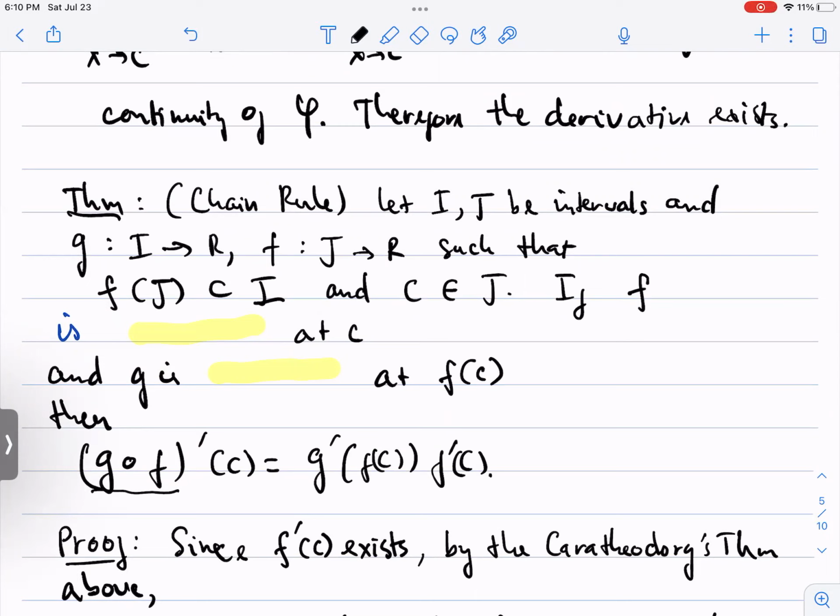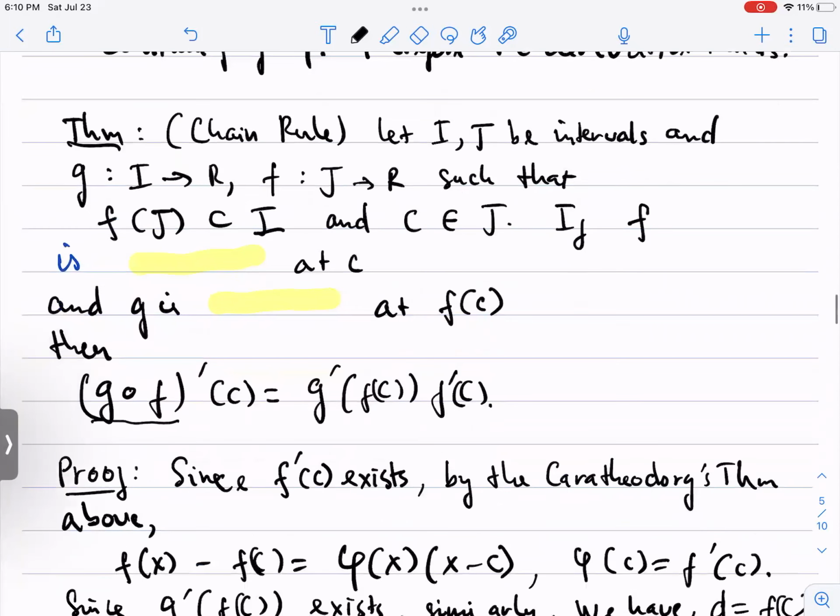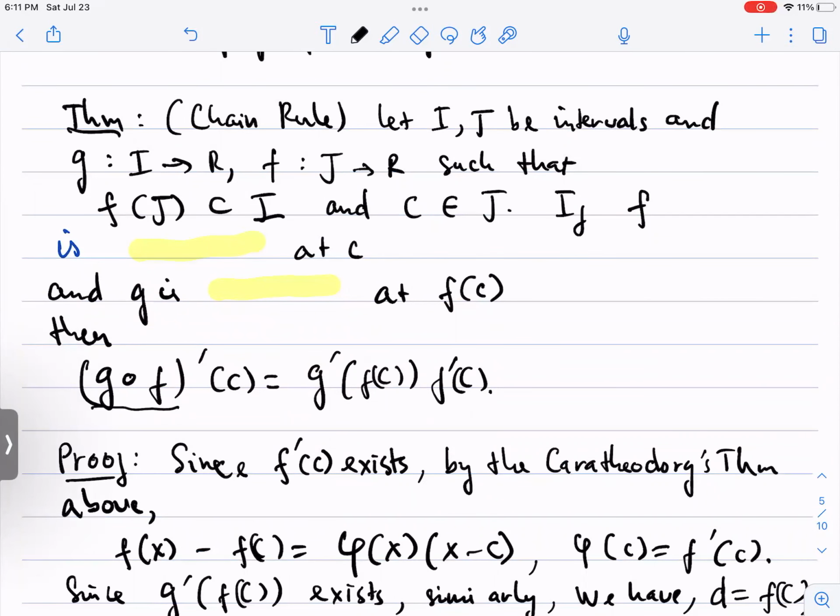establish the chain rule. Let I and J be intervals, g a function from I to R, and f a function from J to R, such that f of J is a subset of the interval I. So let me draw a picture here.